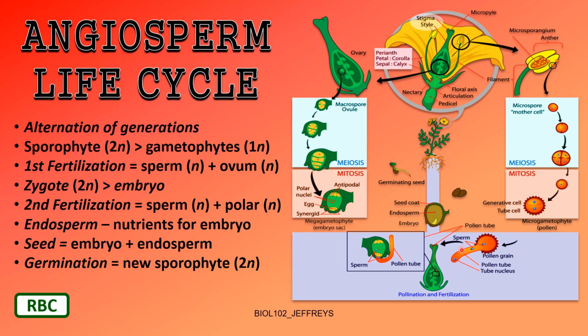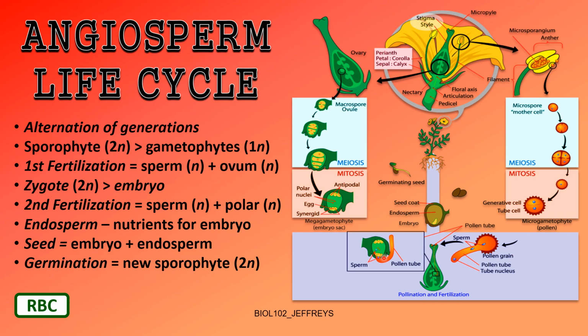In order for that to happen, the pollen tube has to form, and then the two little sperm cells, which remember are generated from the generative cell. The generative cell divides and you get two little sperm out of it, and those sperm go through the pollen tube up into the ovary, and one of those sperm will fuse with one of the polar nuclei in the ovum.